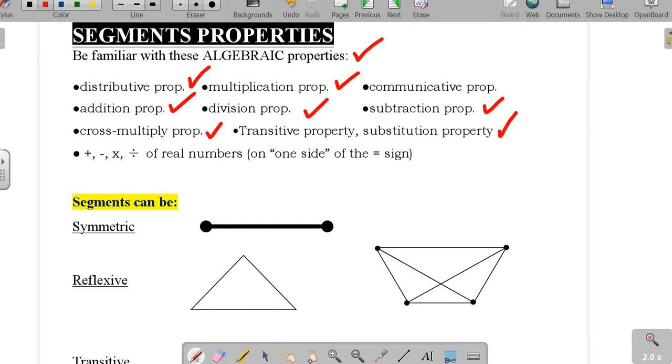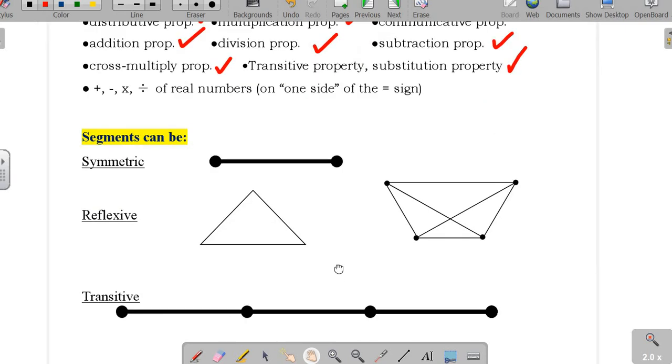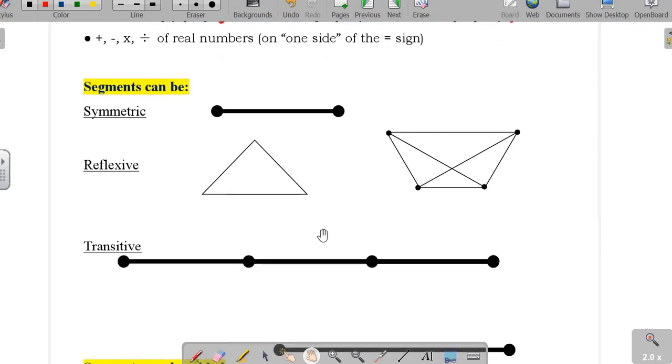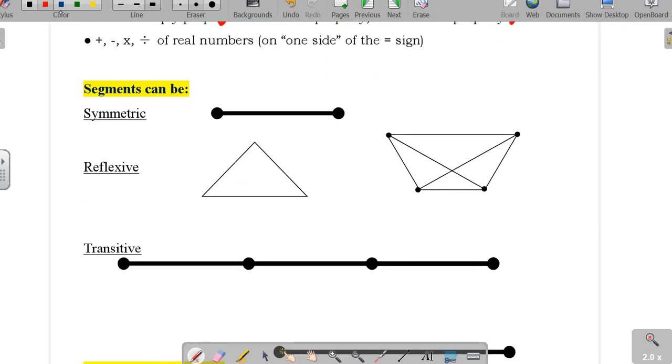In addition to those algebraic properties, segments can be symmetric, which means the distance A to B is the same as the distance B to A.